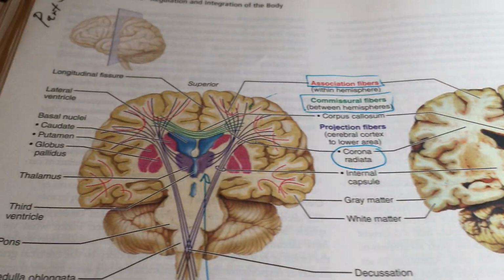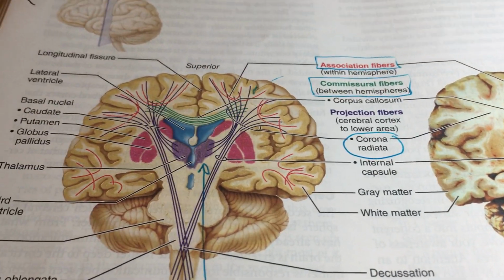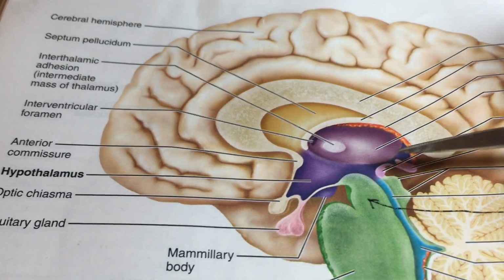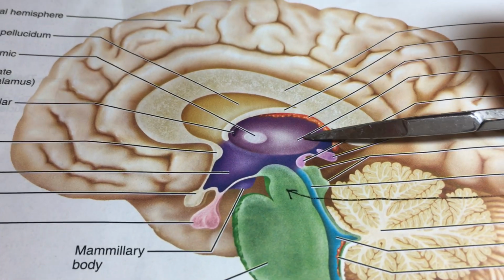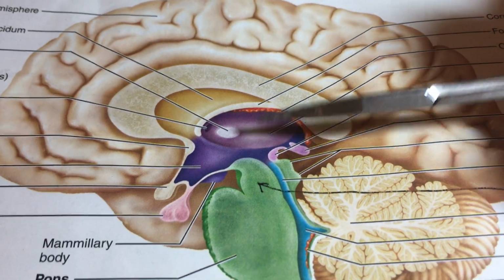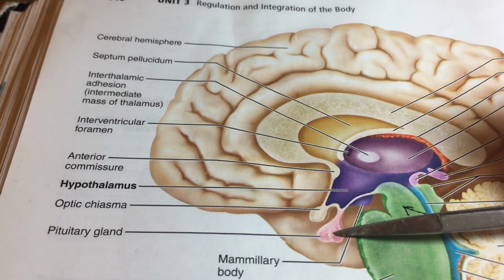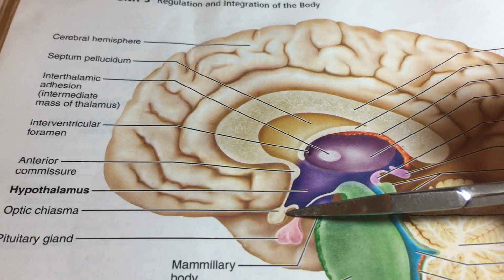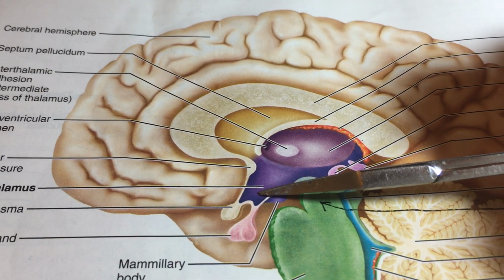Okay, so we're moving on now to this little purpleness here, which is the diencephalon, and the diencephalon consists of, and I mentioned this at the end of the previous episode, the thalamus, the hypothalamus, the pituitary. Here we have a little portion of the optic chiasma that interacts with the hypothalamus.